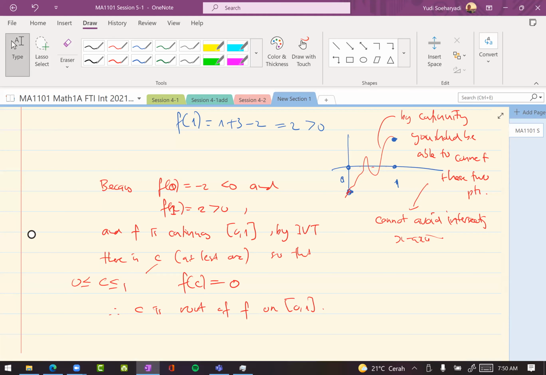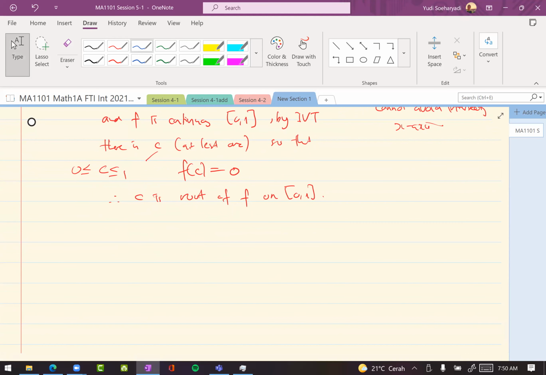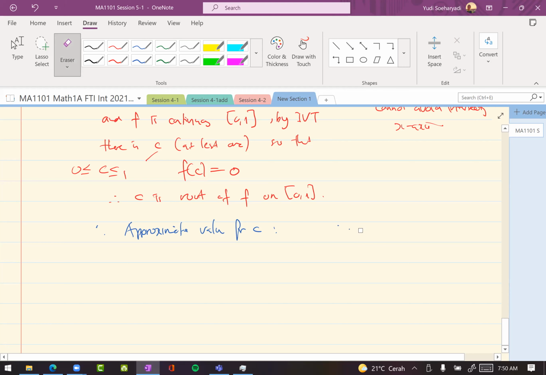All right. So what's the approximate value of c? First approximation. Well, we can say c is between 0 and 1. So it's fair to say that c1, I would write like this, is 1/2, but plus minus 1/2.